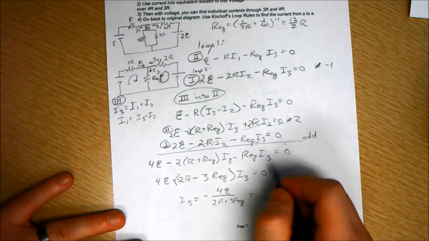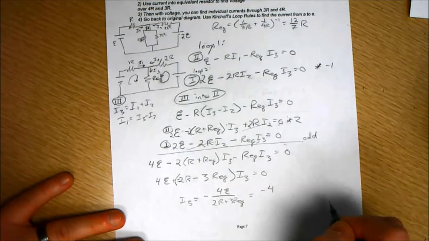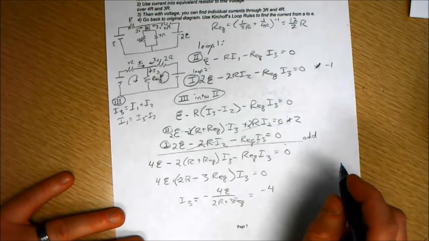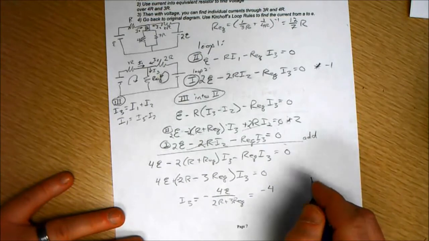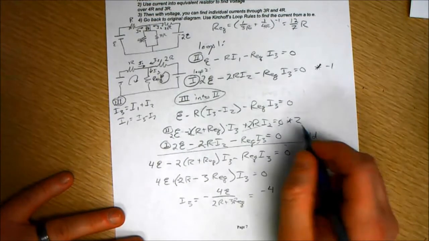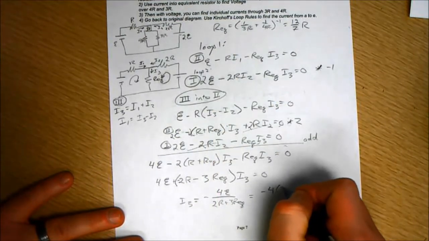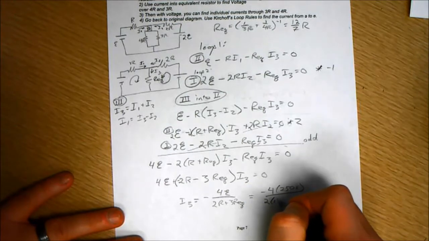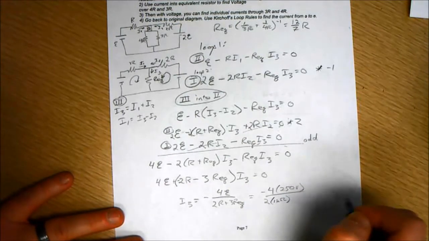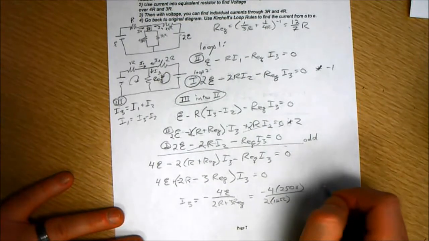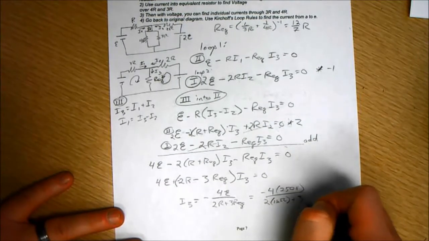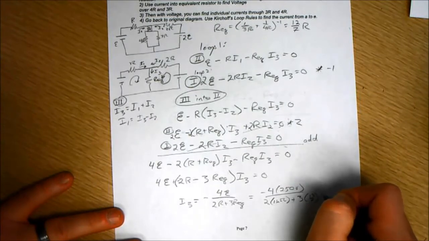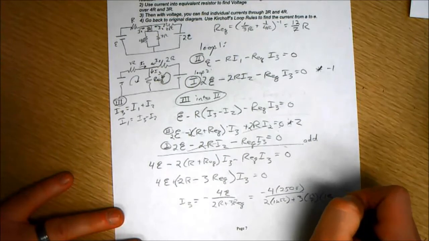That equals negative 4 times 250 volts over 2 times 1 kilo ohms plus 3 times 12/7 times 1 kilo ohm.